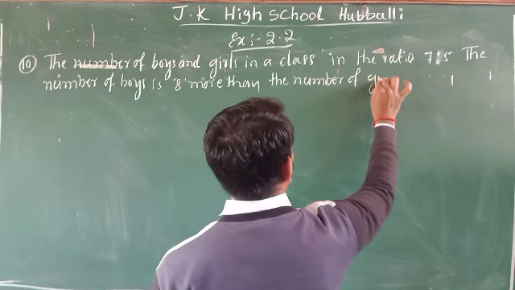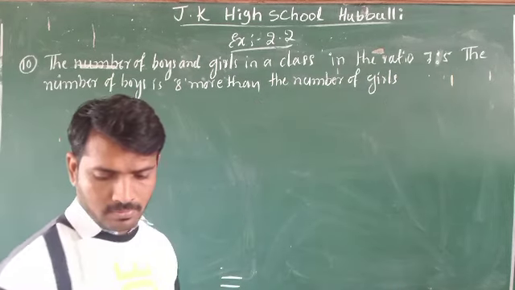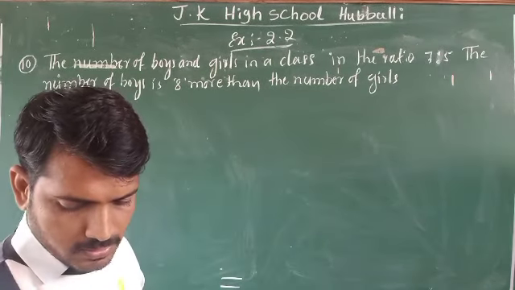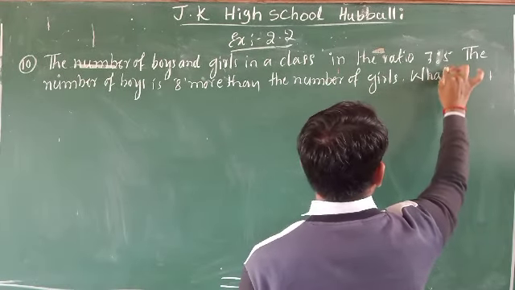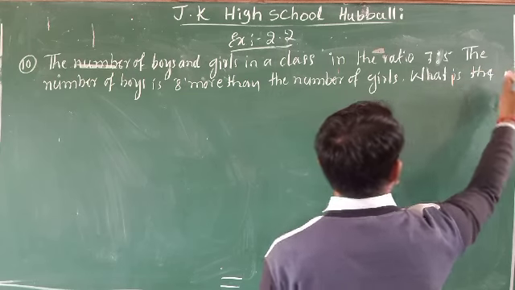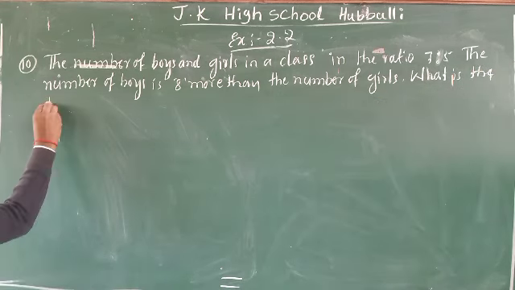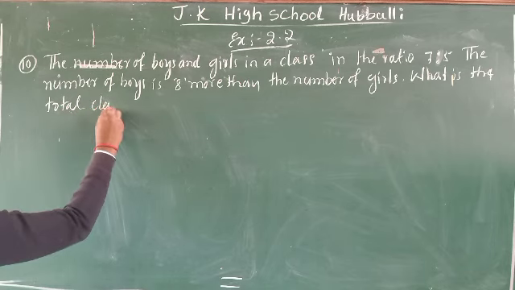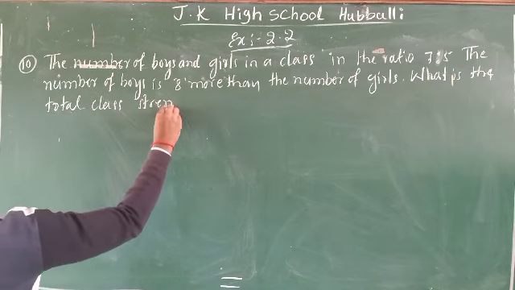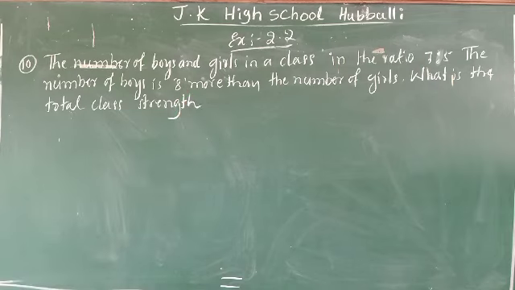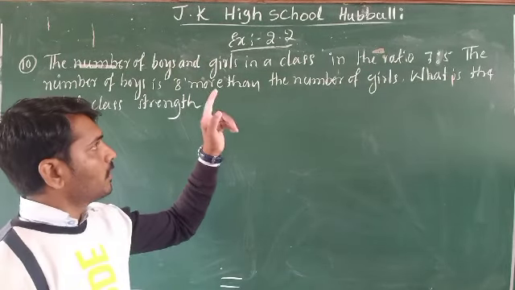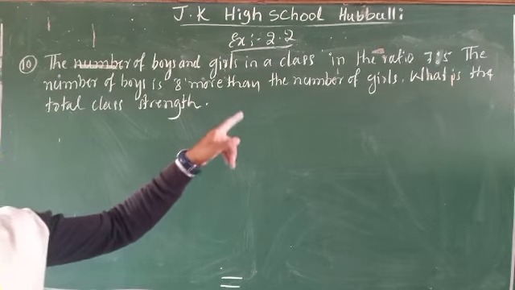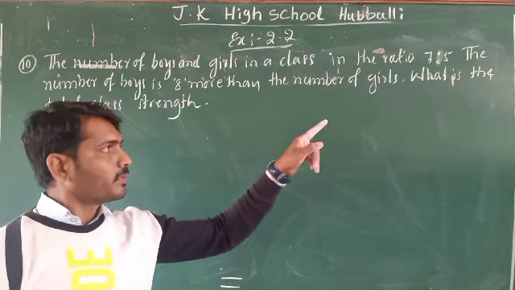What is the total class strength? Okay. The number of boys and girls in the class are in the ratio 7:5.